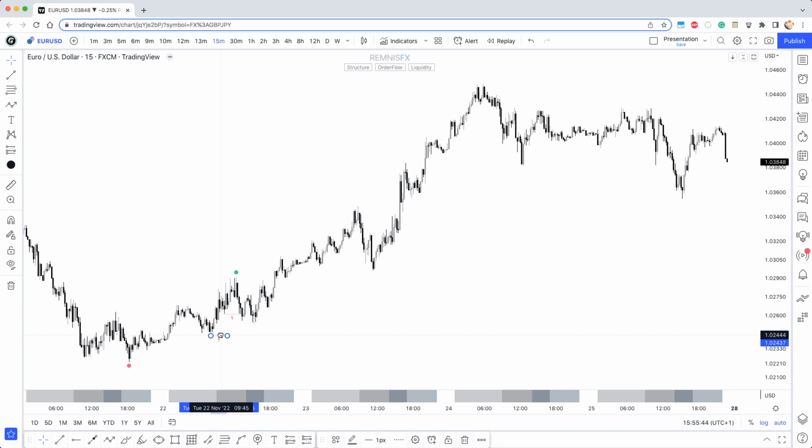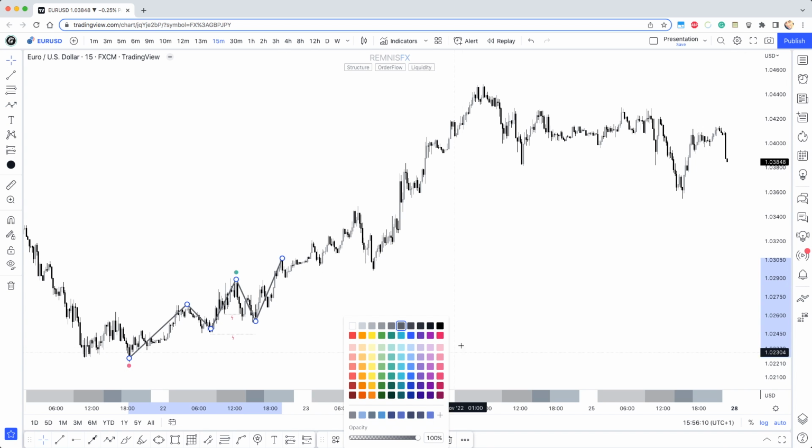And this one could be considered your engineered liquidity, but within your minor structure, or this one leg. Because again, as I was showing you guys, let me quickly change that again. Like that.